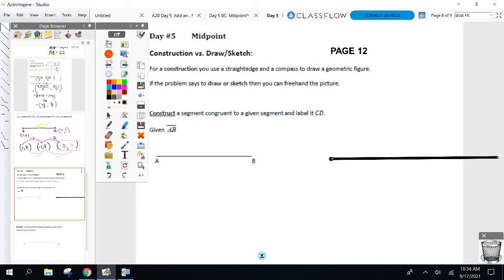All right, now on this segment that you just made, we're going to make a segment congruent to AB. Everyone have a segment that's bigger than the one we're going to copy?